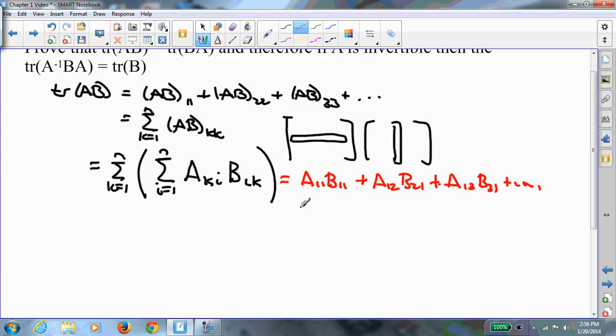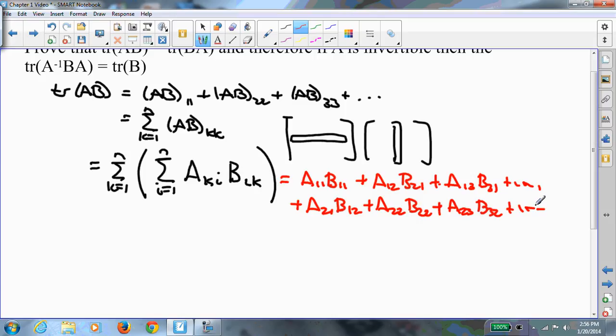And then my next part would be when k equals 2, so that would be A21, B12, A22, B22, A23, B32, and so on.